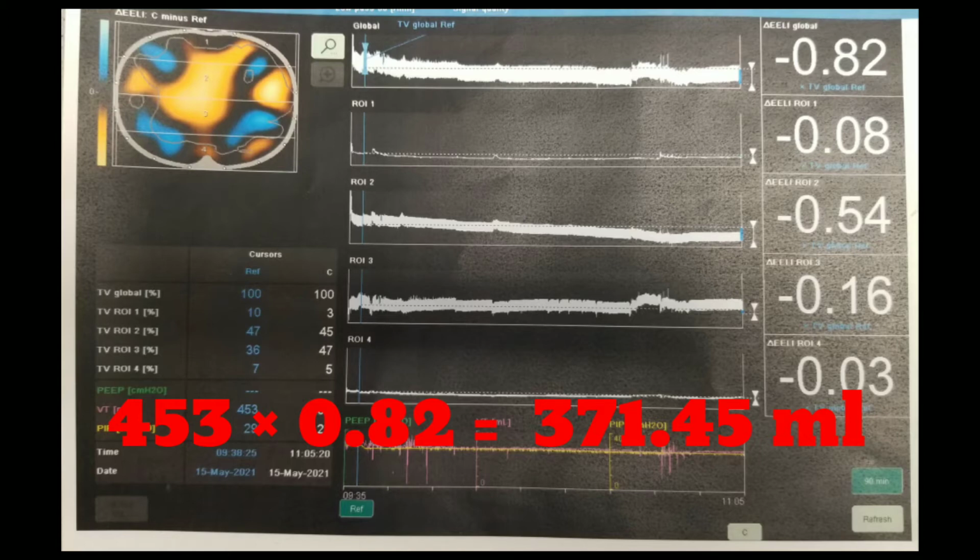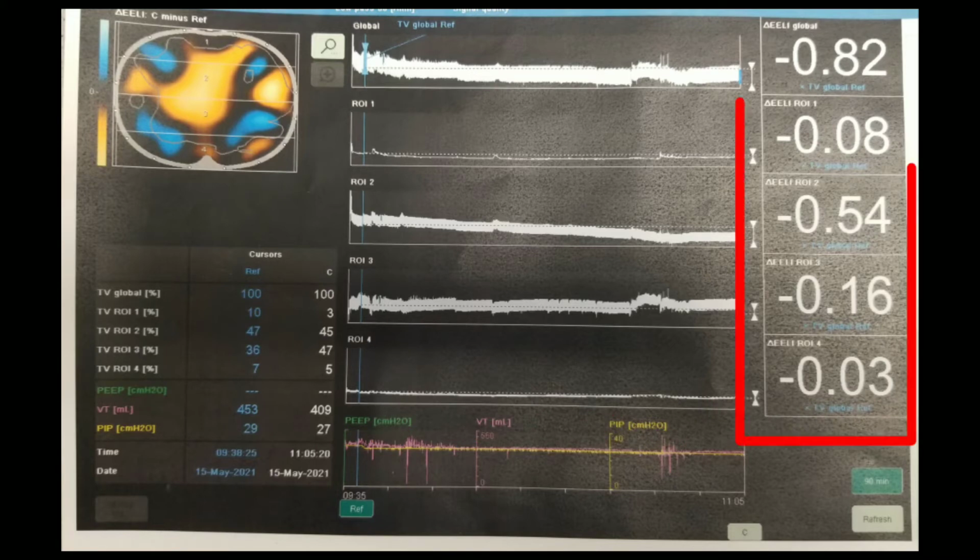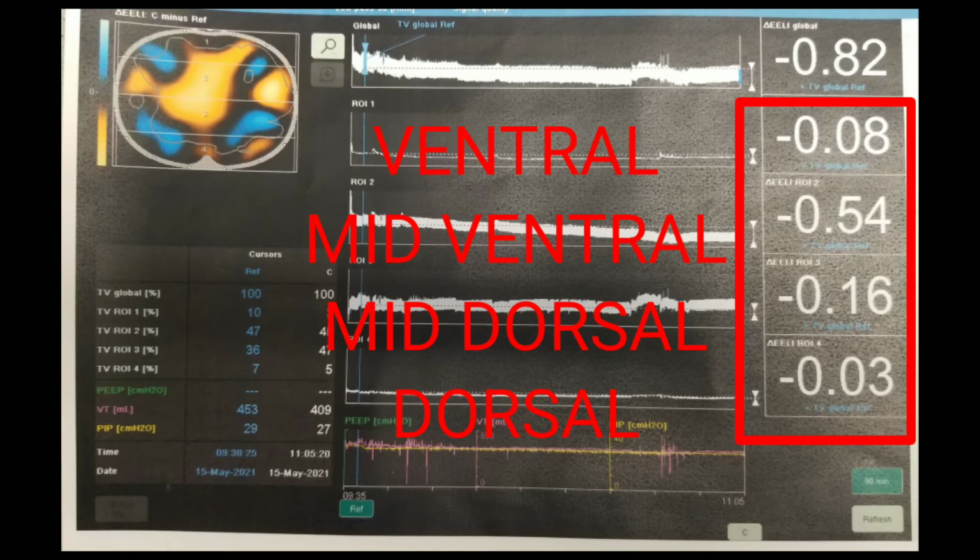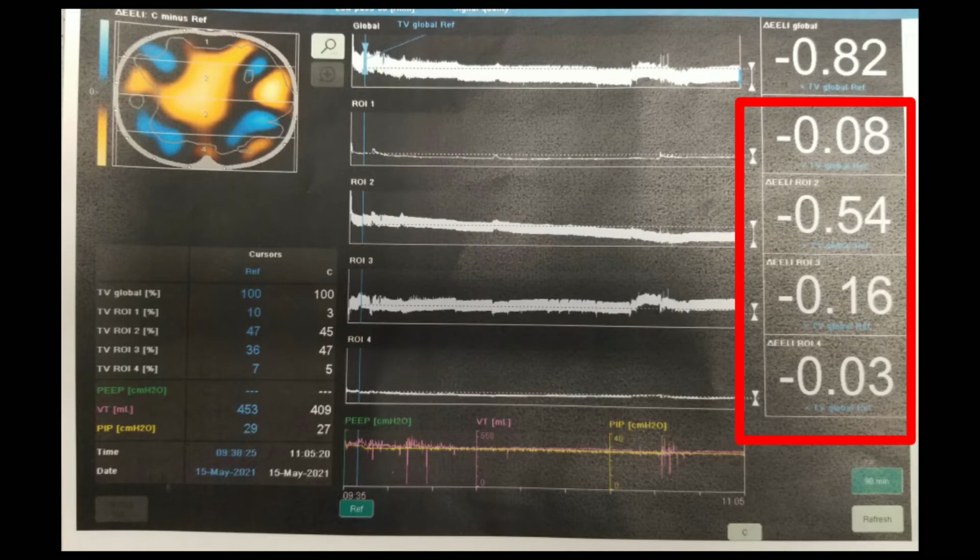If we look at the specific regions of interest, ROI 1 down to 4, region of interest 1 is ventral, then we have 2 mid-ventral, mid-dorsal, as well as dorsal regions. We can get the amount of cc's of air change that has occurred, and these will always add up to your global reference. So we have a 371 mL loss in end expiratory lung volume.